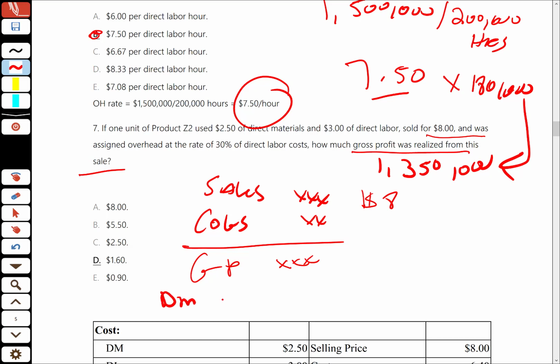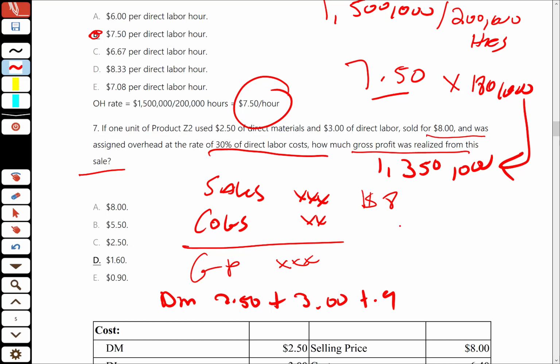Good. Direct materials, $2.50, plus direct labor of $3, plus 30% of direct labor costs, which even I can do in my head. What's that? 90 cents? Right? So we've got what?